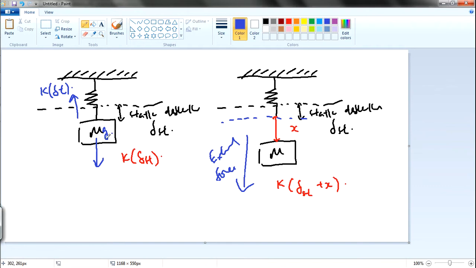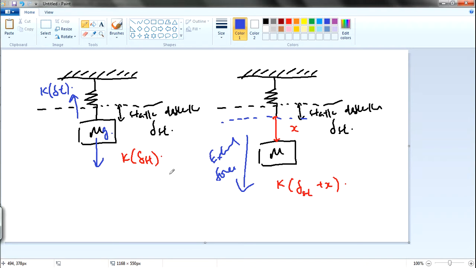So when it is static, it is just the spring constant multiplied by this length, which is equivalent to mg, the mass. And then when you put it down, you have a certain distance x. So the force that you apply into this system is changing the distance x. So when you let it go, it starts to oscillate.